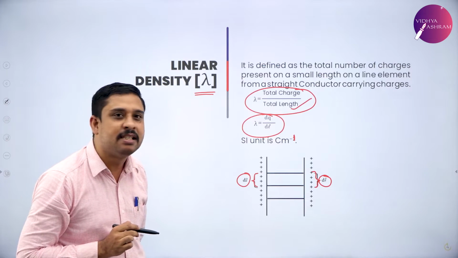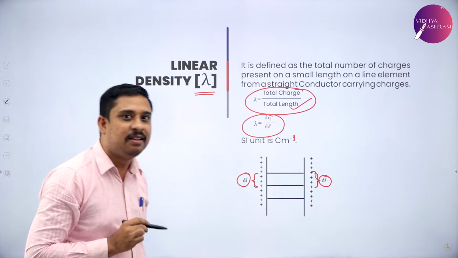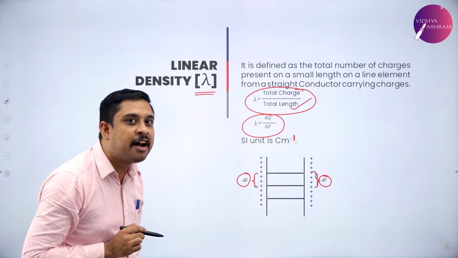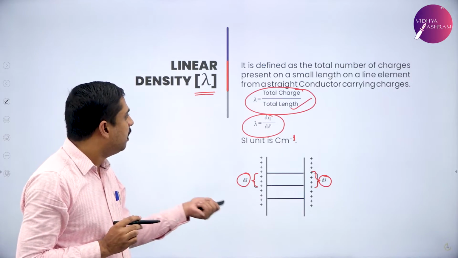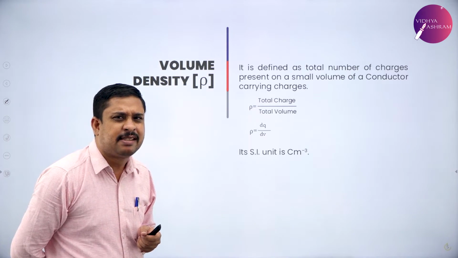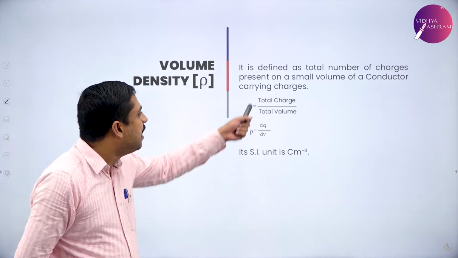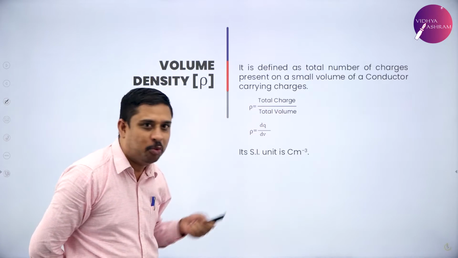So linear density is total charge by total length. Surface density is total charge by total area. And the third one, volume density, which is apparently used less in electrostatics, is total charge by total volume.